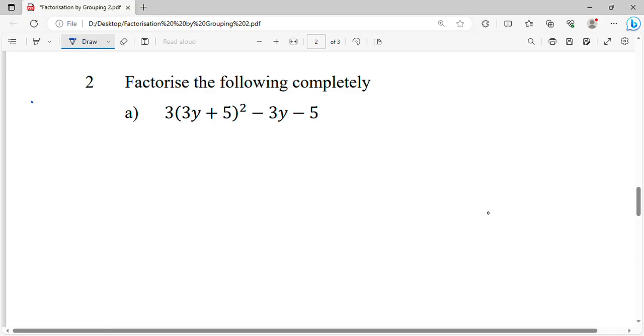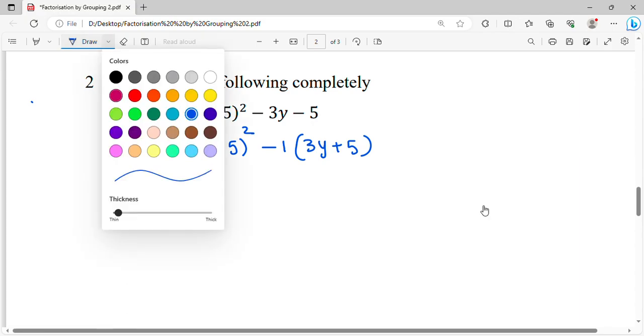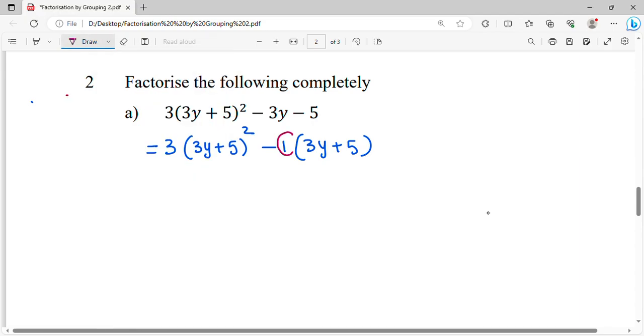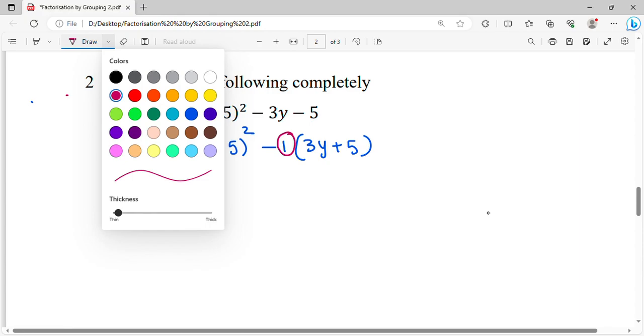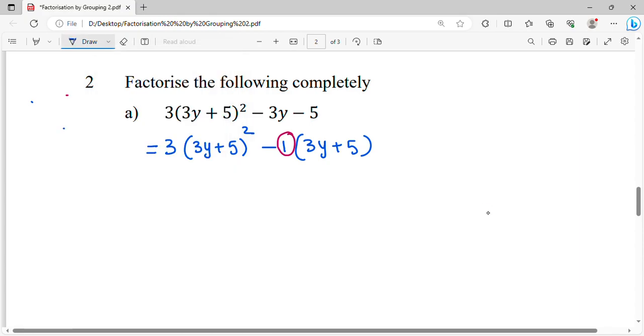You will see I got a 3y plus 5, whereas here it is negative. So again, I need to take out the negative sign. So negative 1 bracket 3y plus 5. It's always good to write the coefficient. If there's nothing, you need to understand that there is a 1 here. That helps you later on to write your values correctly.